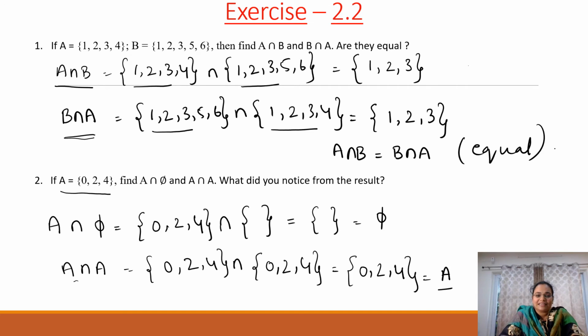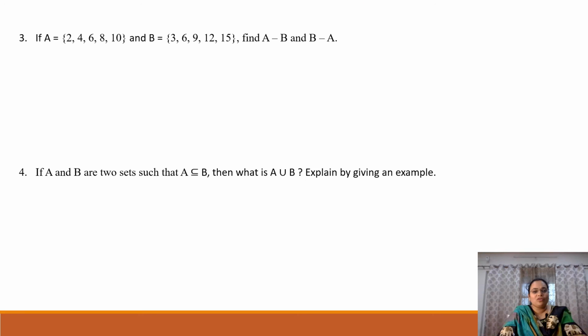See, A intersection A is A and A intersection the null set is your null set. So they have given A and B sets, and we need to find A minus B and B minus A. So what is A minus B?